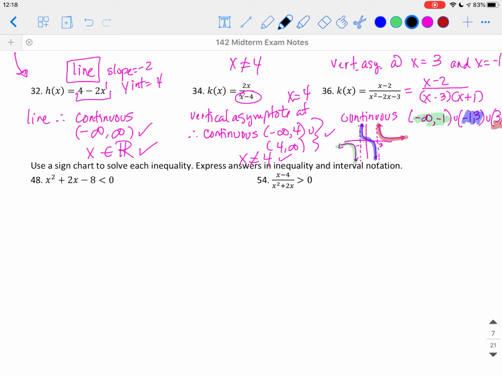We need to understand that this is technically a parabola, and this is technically the line y equal to 0, which is the x-axis. Excuse me, sorry.